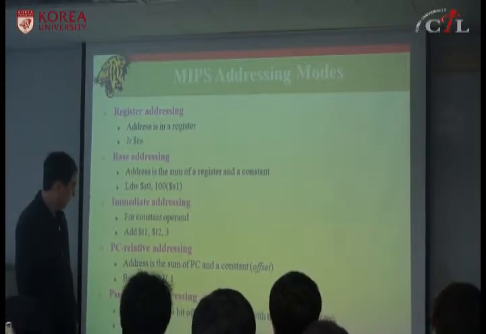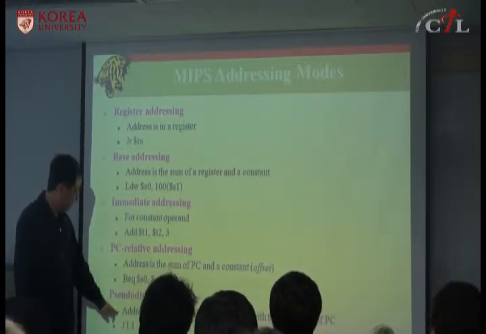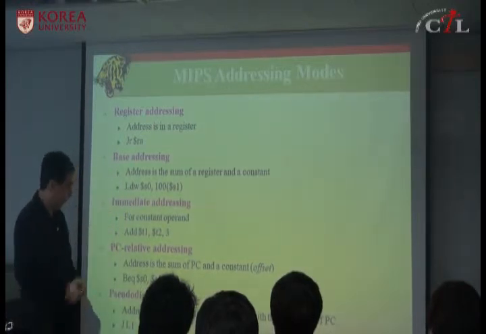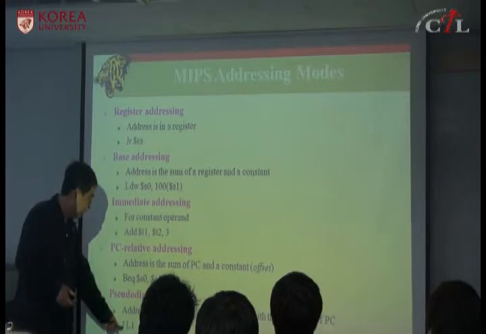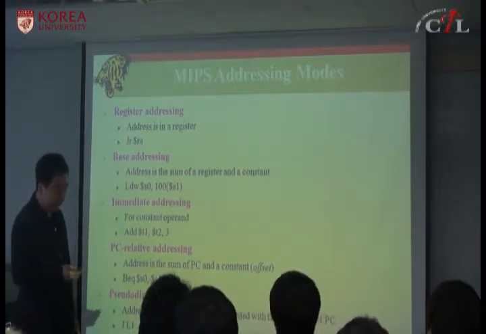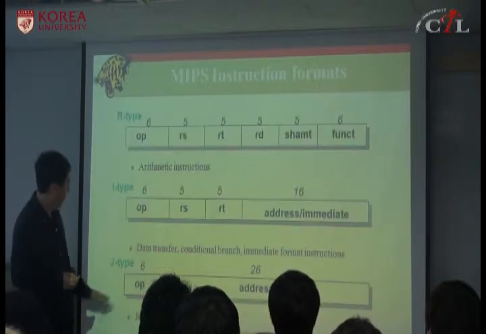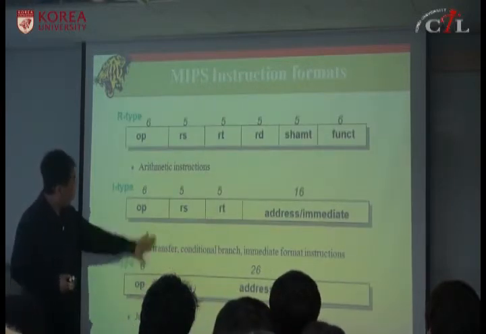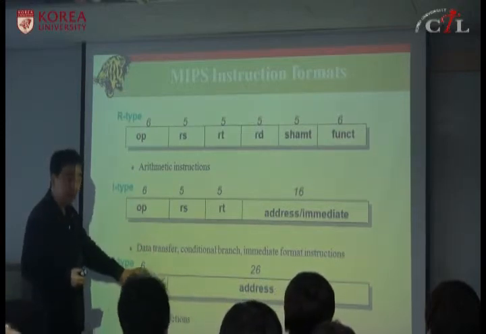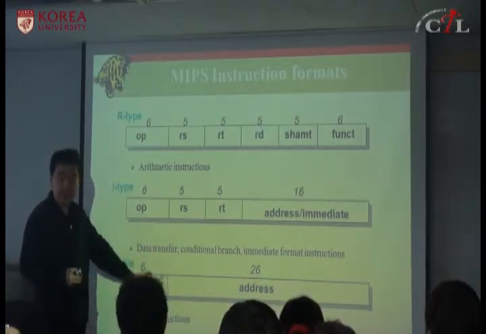pseudo direct addressing is where the address is the 26-bit offset. As in this example, this is a jump to location L1, and this is J type. For all three different instruction formats, opcodes are specified by the first 6 bits.